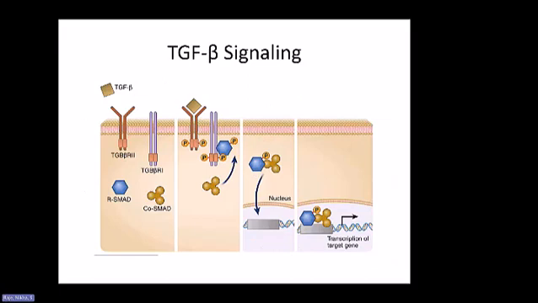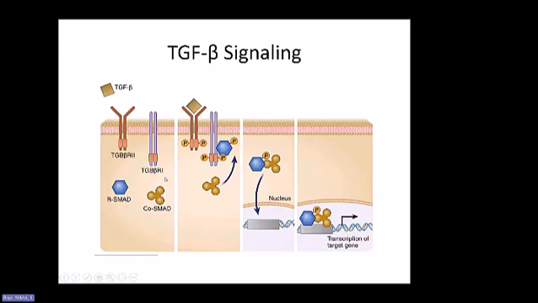All right, the last one is, I believe, TGF-beta signaling. So the TGF-beta cytokine can bind to the receptor TGF-beta R2, and then that binds to TGF-beta R1.